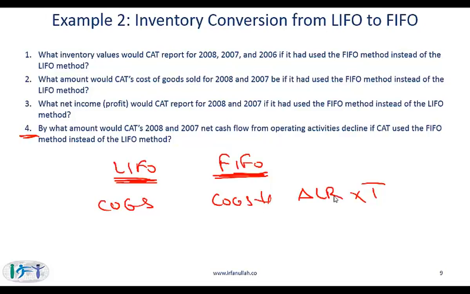It's going to be lower by the change in LIFO reserve, which then means that the gross profit or the profit before tax also will be higher by this amount. If that is the case, then there will be more taxes, and those taxes then are given by the change in LIFO reserve multiplied by the tax rate.